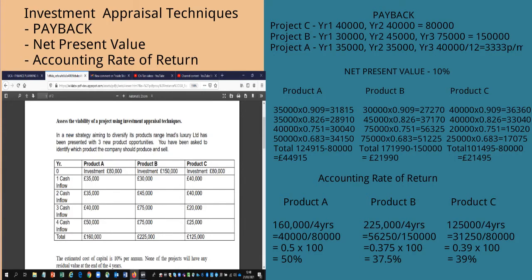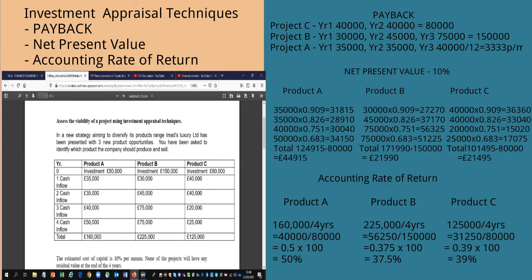In this instance, we can see for project A, you have a total value of cash over the 4 years of 160,000. You divide that by the number of years, which is 4, which gives you an average of 40,000 per year.